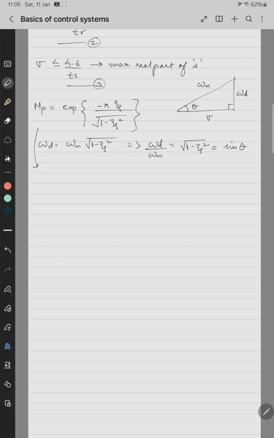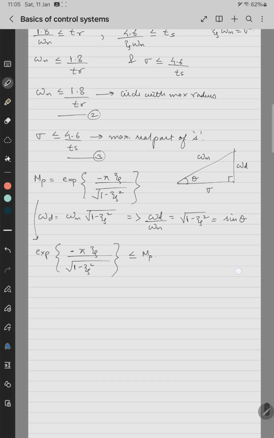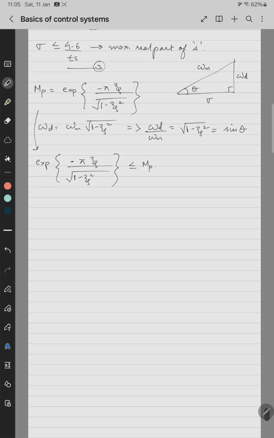So here it means that our term e to the power minus pi zeta divided by under root of 1 minus zeta square, this is the expression of our peak overshoot, should be less than or equal to the specified peak overshoot, right? Just like for rise time and settling time. So similarly, if we do ln on both sides, it will be minus pi zeta by under root of 1 minus zeta square less than or equal to ln of Mp.